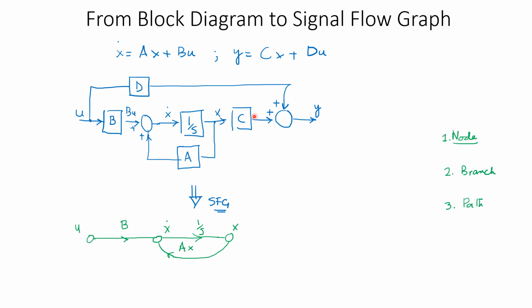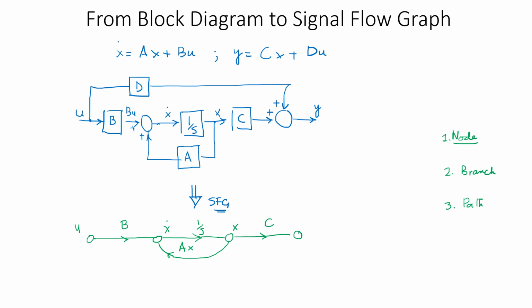From X all the way to Y, you are going to have in the middle this gain C added in it, like this. You have generated another branch with a gain of C in it.